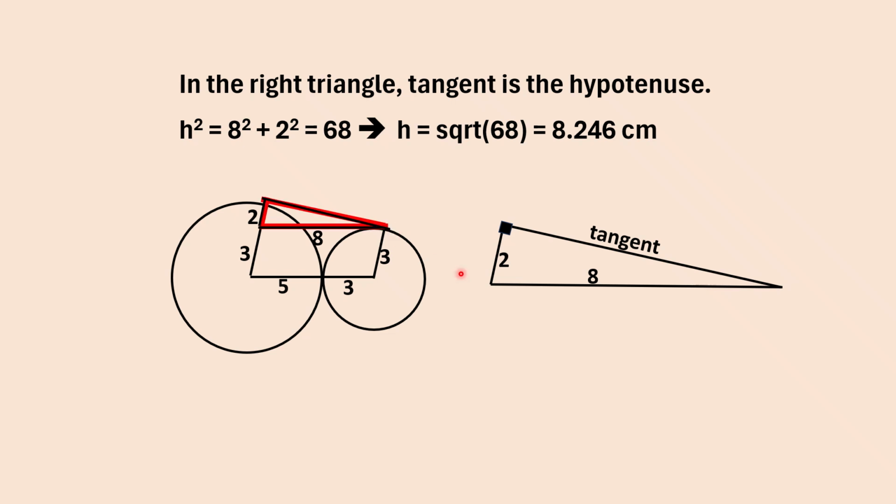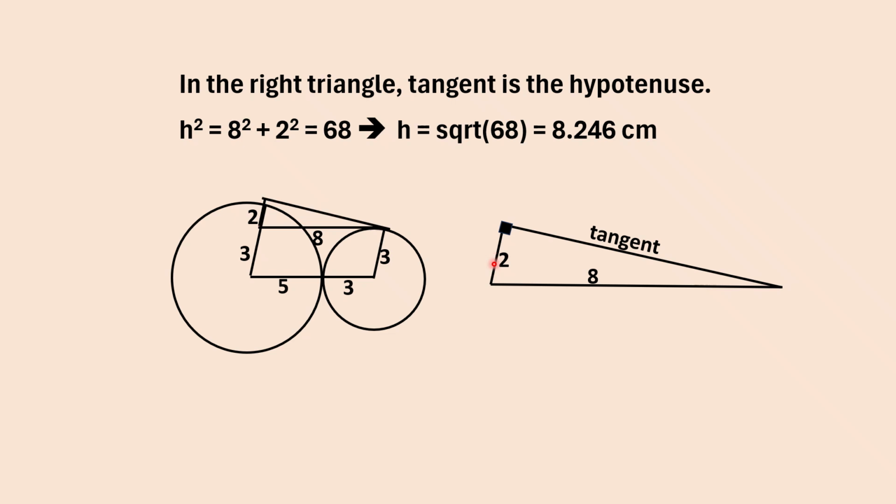So the base is 8, and this altitude is 5. This is divided into two segments, 3 and 2. So this is 2. So the altitude is 2, and the radius was 5. This part is 3 because this is a parallelogram, and the remaining must be 2.